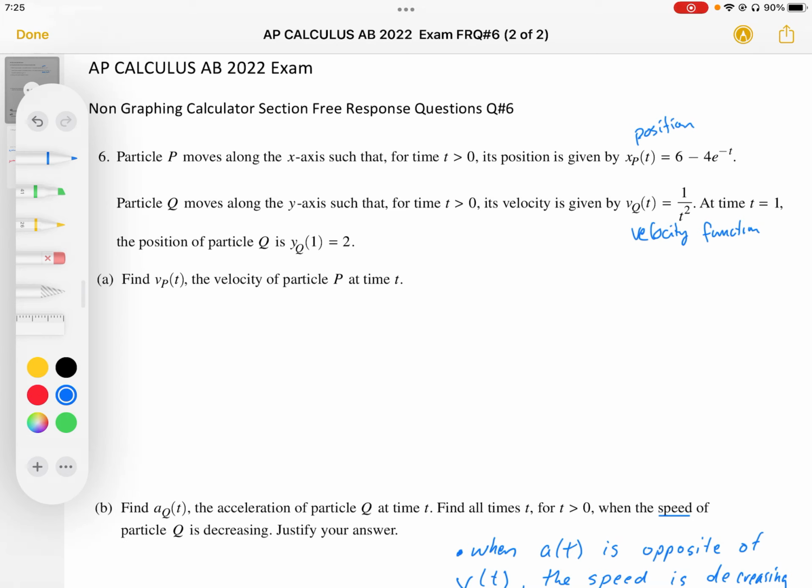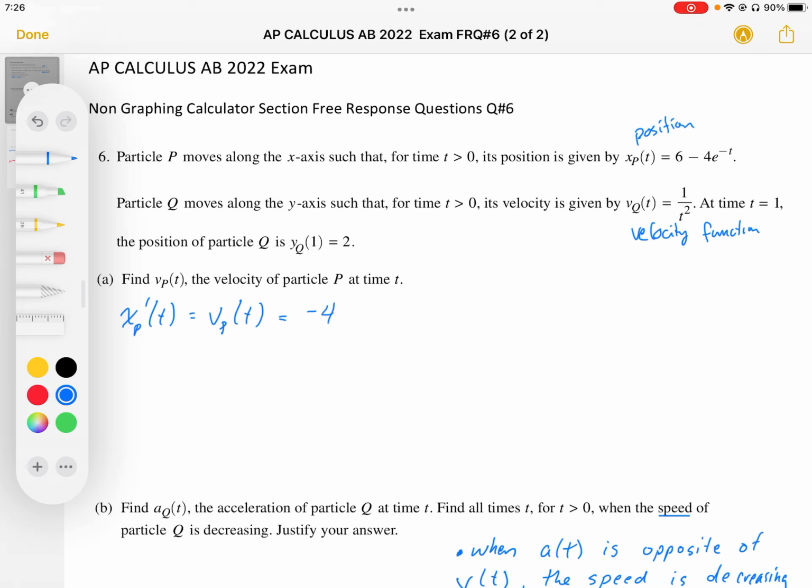Okay, so we want to find the velocity of P, so we're going to differentiate x_P(t). So we know that x_P prime of t is equal to v_P(t). In differentiating this, the derivative of 6 is 0.